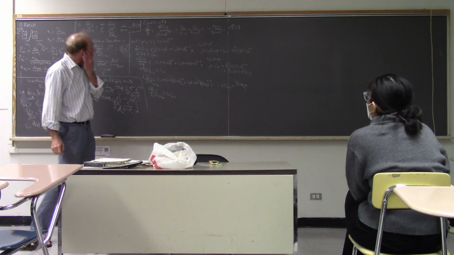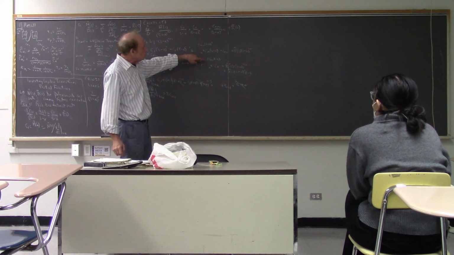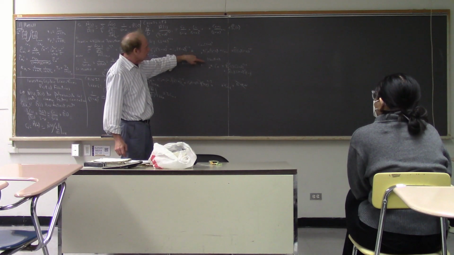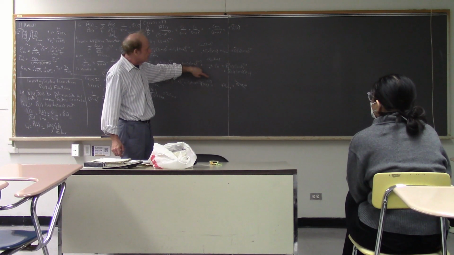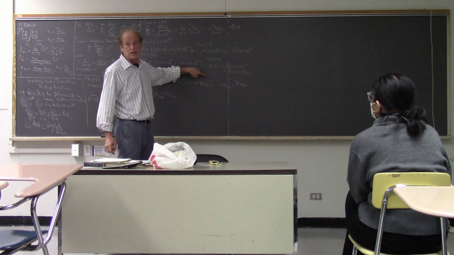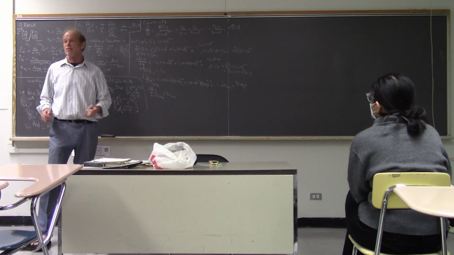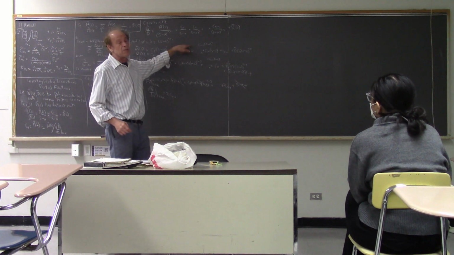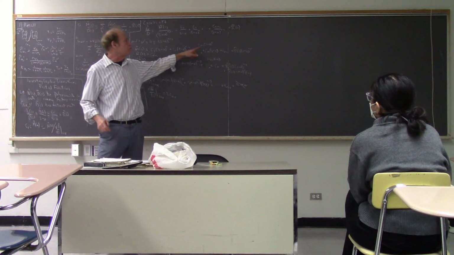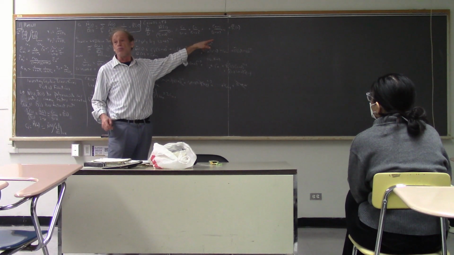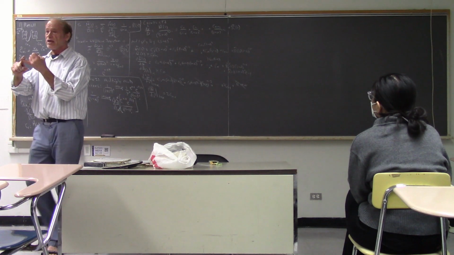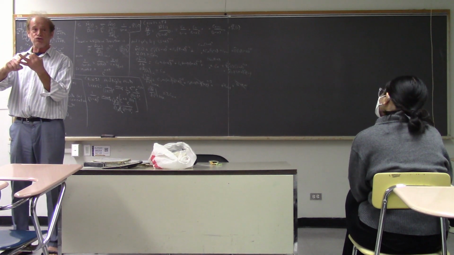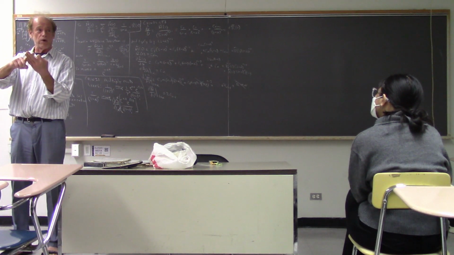And what you can see here is that when I take one derivative, I just got a 1 coming down. I took two derivatives, I got a 2 coming down, and then a 1 coming down in the second derivative. If I take 3 derivatives, that'll give me the C(n minus 2), which will originally be multiplied by (s minus alpha) cubed. So the first derivative will have a 3 coming down, the second derivative will have a 2 coming down, the third derivative will have a 1 coming down.